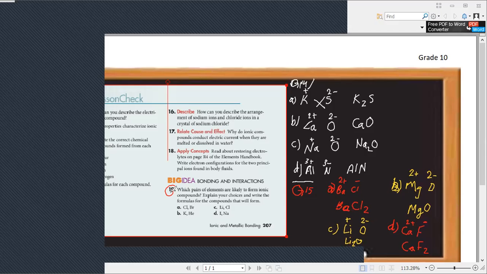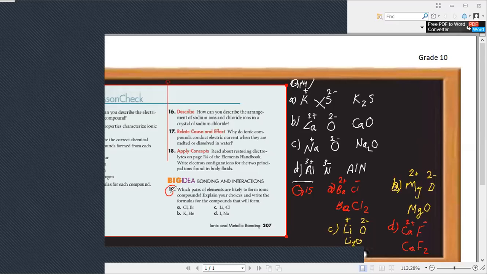For example, lithium, sodium, potassium, rubidium, cesium, francium always form a positive charge ion with charge equal to +1. Any element in group 2, such as beryllium, magnesium, calcium, strontium, barium, form a positive charge ion with charge +2.